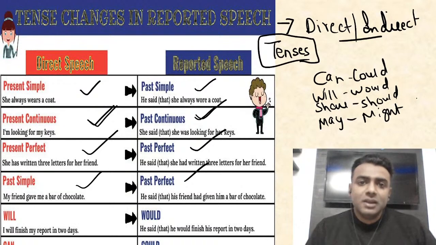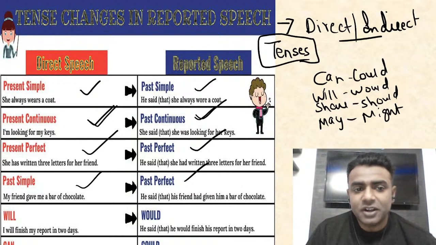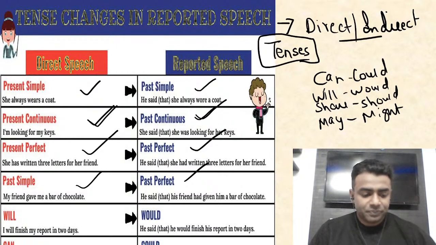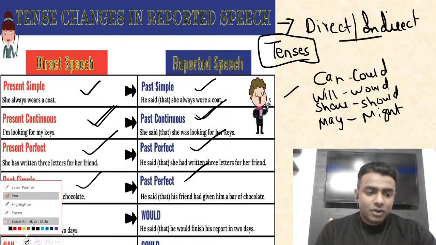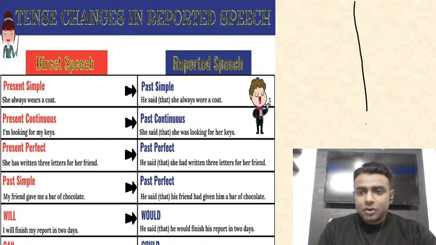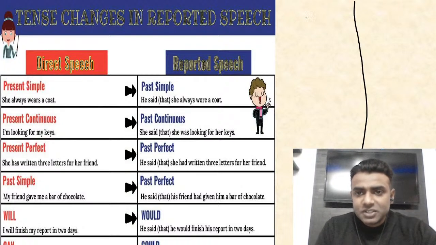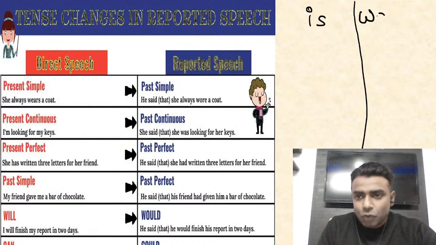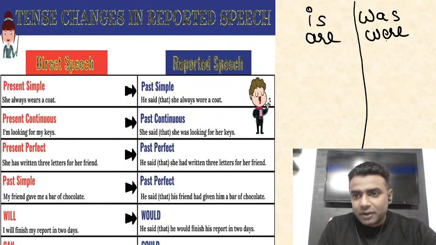Major formulas are in front of you, my dear students. So you can note them down. This will seem very easy. Is changes into was. Are changes into were. Was and were change into had been.